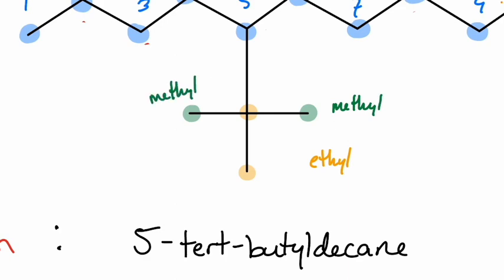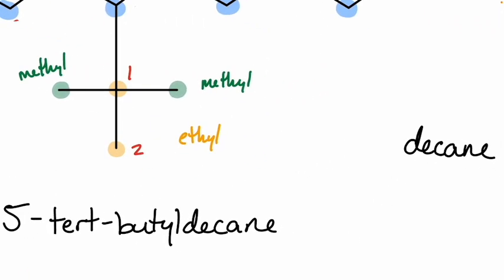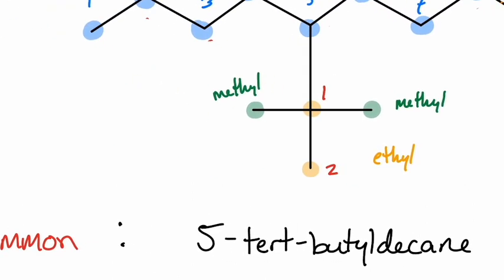And we're going to number this thing where carbon 1 is what's attached to my parent chain. So in terms of just the name of my branch substituent here, this thing would be 1,1-dimethyl ethyl.